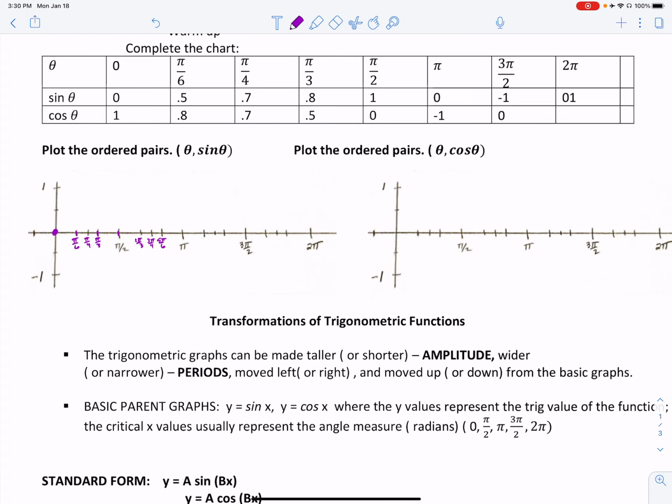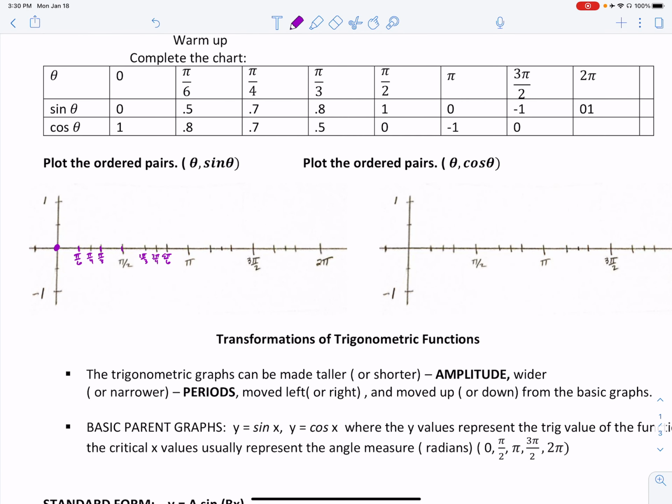All right, so when the angle is 0, sine of 0 is 0. When theta is pi/6, the value of sine is 1/2. And when the angle is pi/4, the value of the sine of pi/4 is 0.7. So kind of eyeball 0.7.